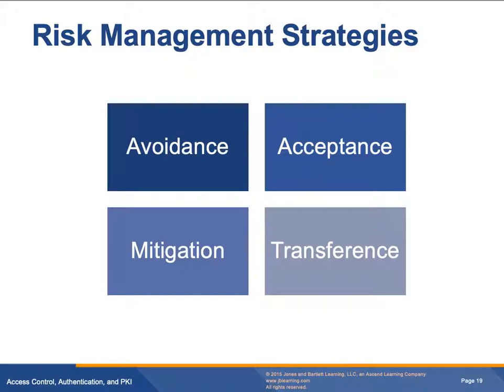And again, anytime you're dealing with insurance, you can say transference with a little asterisk. You're still ultimately responsible, whether you're a consumer or an organization, for that data, even though you may have the cost for that somewhat handled by or transferred to the insurance company.